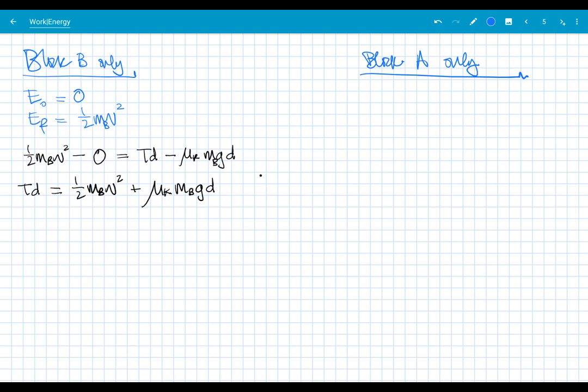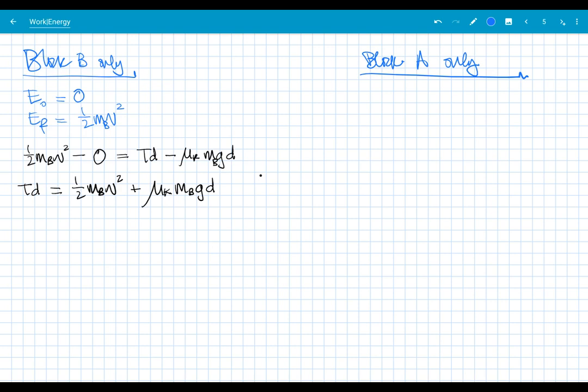And if we look at the system as a whole, the nice thing about doing it that way is that we know that we're going to get rid of the tension and I can just get an expression for the speed, right? Because if I look at block A, what could happen to me?